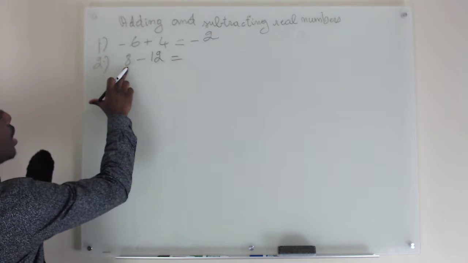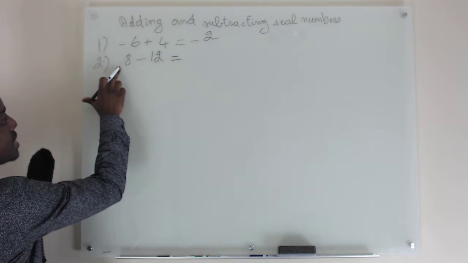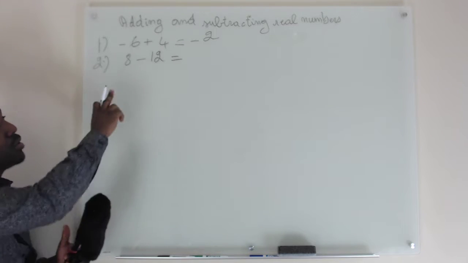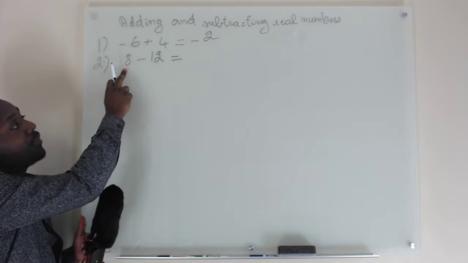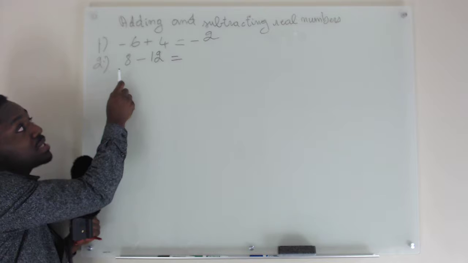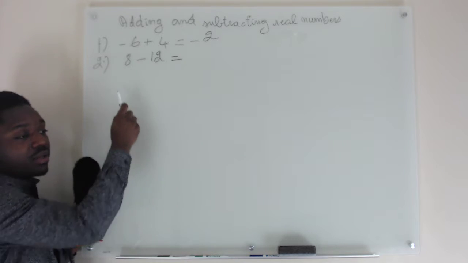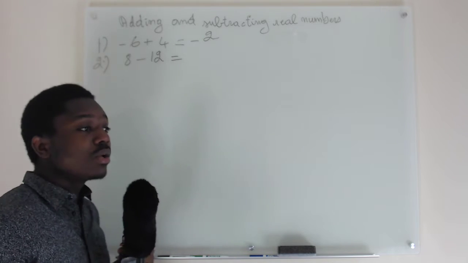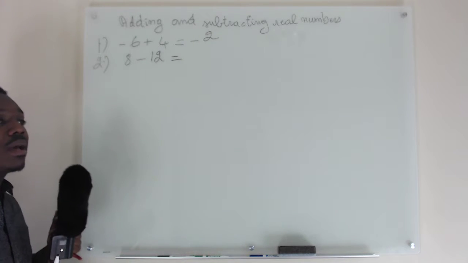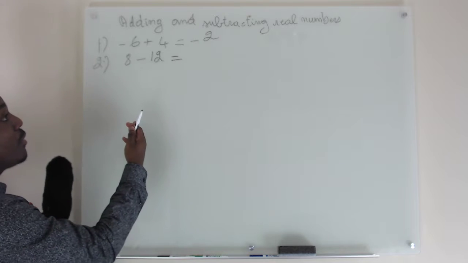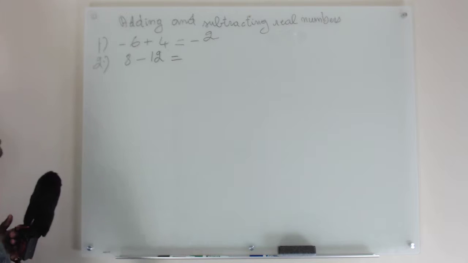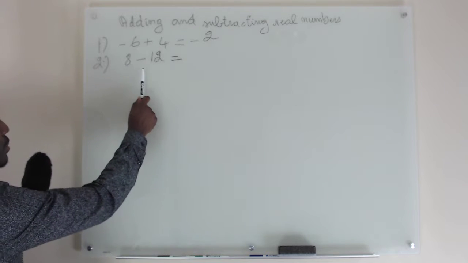The sign of 8 is positive. Remember in our previous video, I said that when there's no sign, when it's empty, the sign of that number is positive. And if you haven't watched the first video, I encourage you to go back and watch that video before finishing this one.